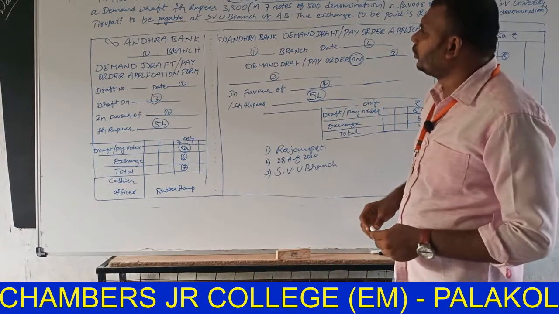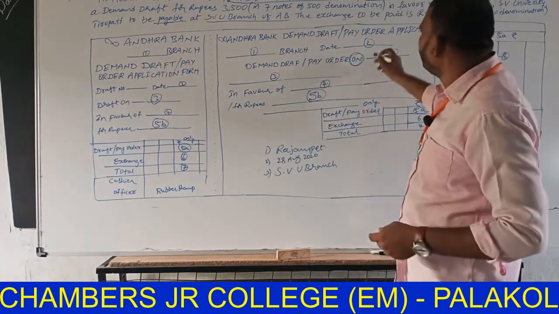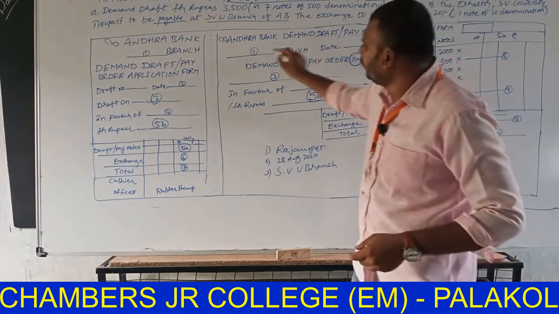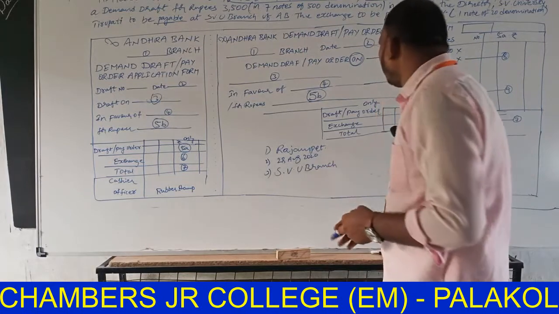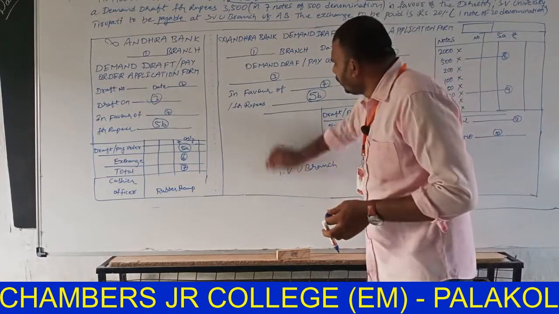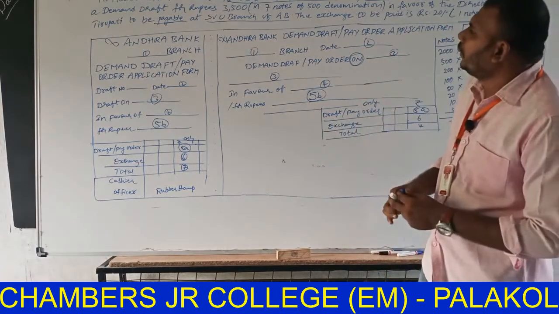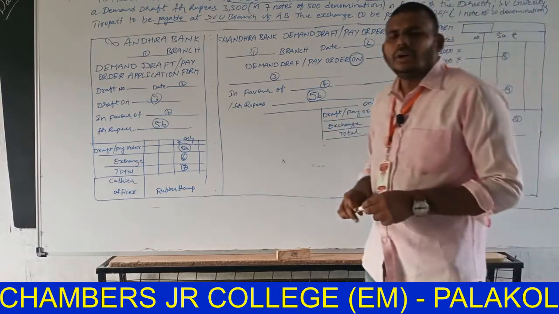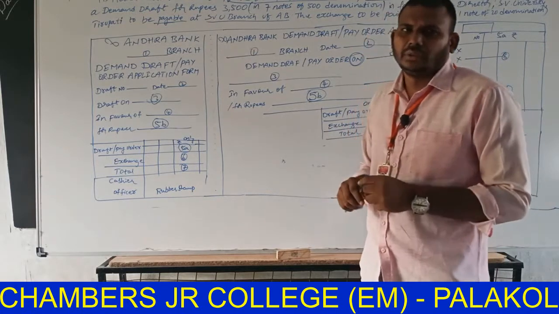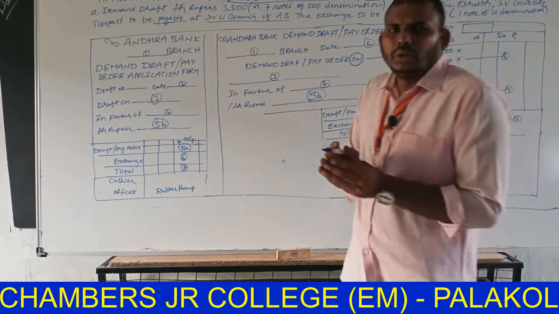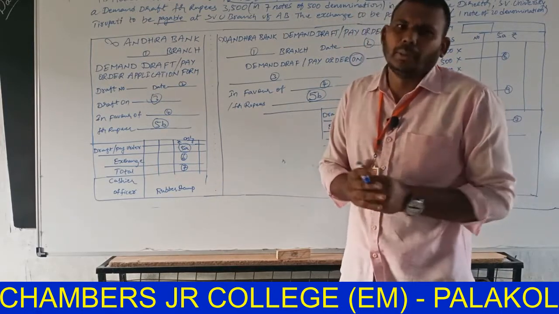Where is the first one given? Here. The number 1 is given at the branch. See in the main slip also, the same number is given at the column branch. Here, while writing the name of the branch, there are 2 names of areas given. So you should make sure which one is the approacher branch and which one is the payable branch.